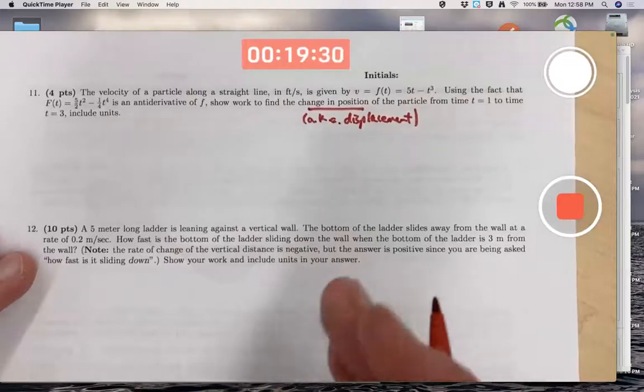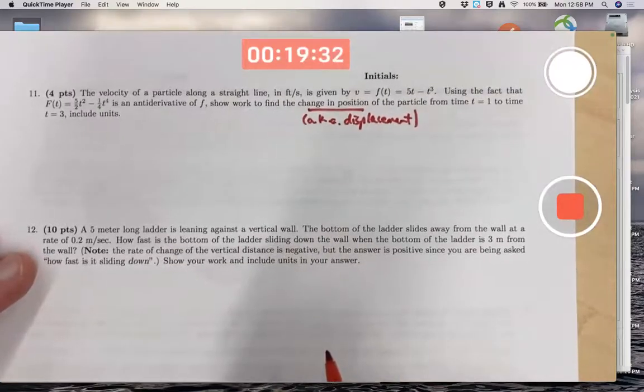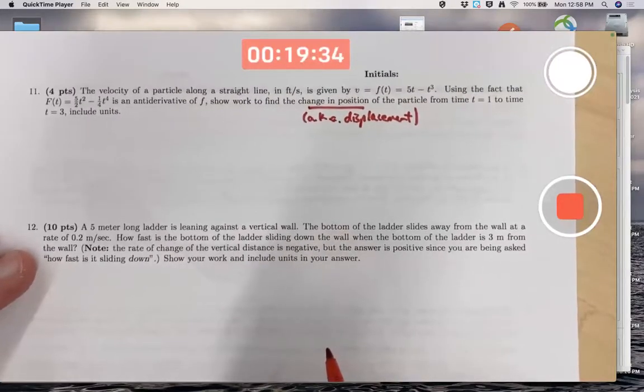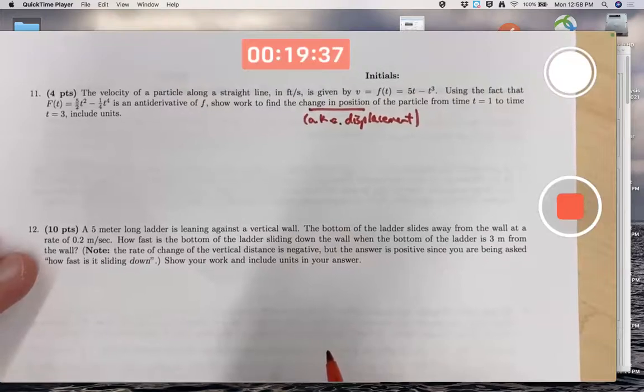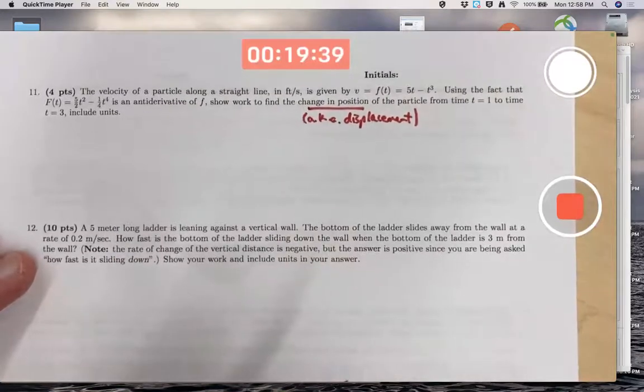So it's a fundamental fact to know here about integrals that the integral of the velocity gives you the change in position over whatever time interval you happen to be talking about.